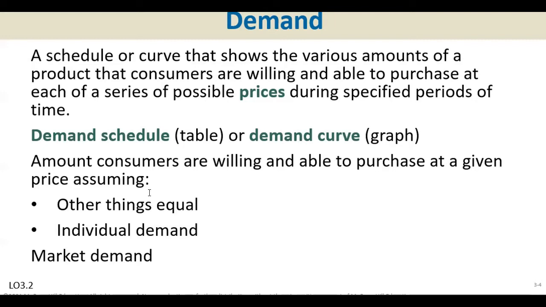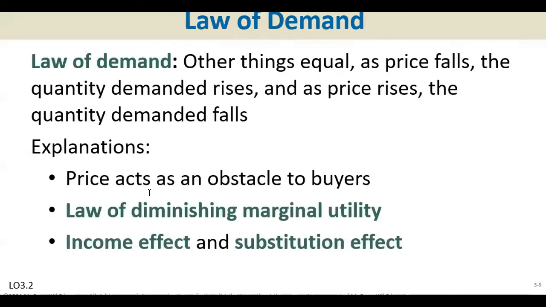In our example here, we talk about the individual demand for a good. We look at the variable price and the quantity demanded. Other things outside of those two variables, we're going to assume they are constant, right? Other things equal. So we look at how the two variables interact.